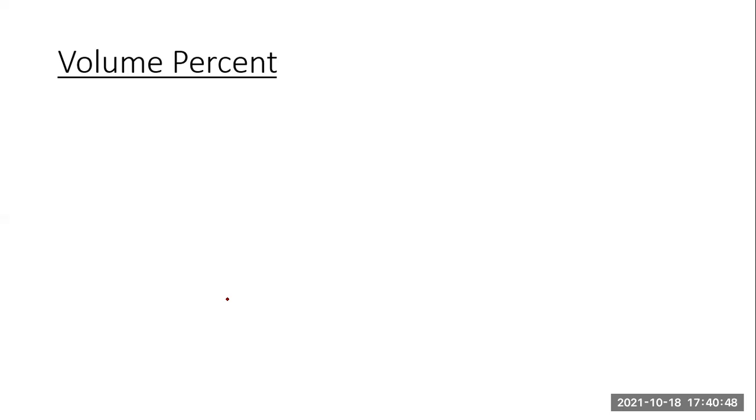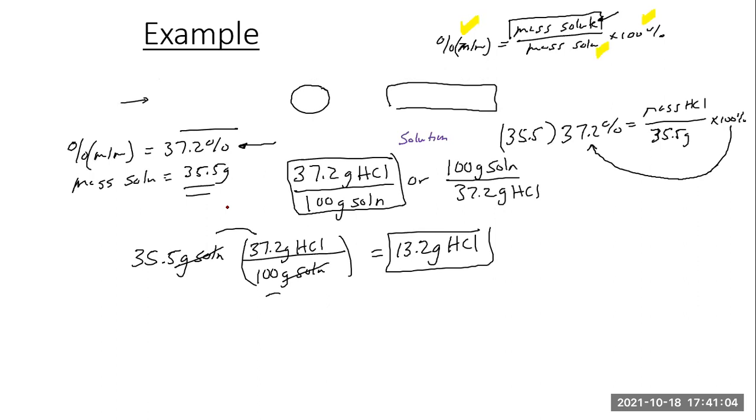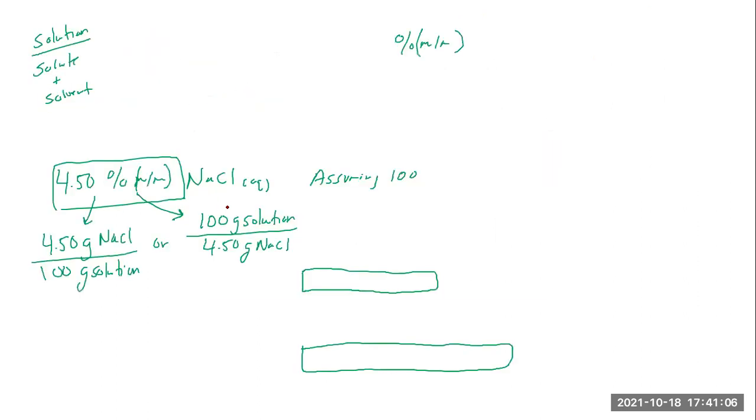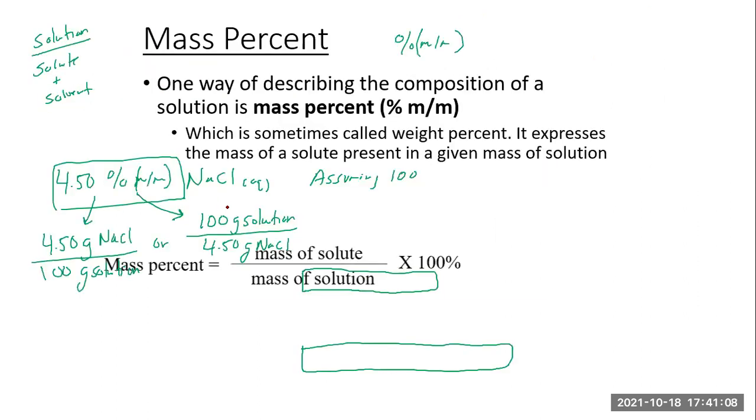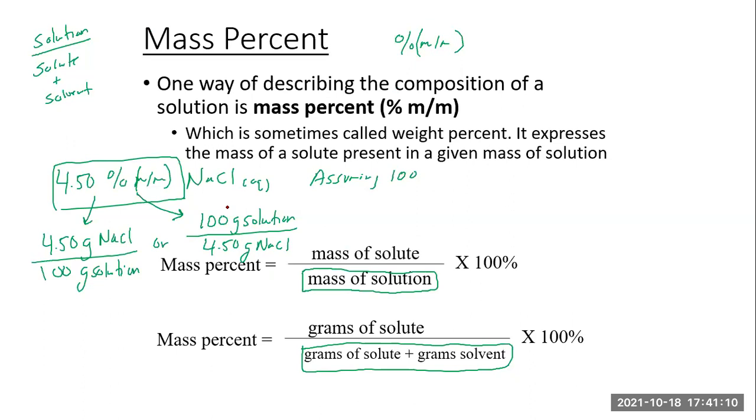The first one that we talked about was a percentage unit, which is a mass percent. Mass percent is the mass of the solute divided by the mass of the solution. And it's important in that one, as we talked about, the importance of this one is the bottom of that equation or formula. We do want to make sure that we get the mass of the entire solution.